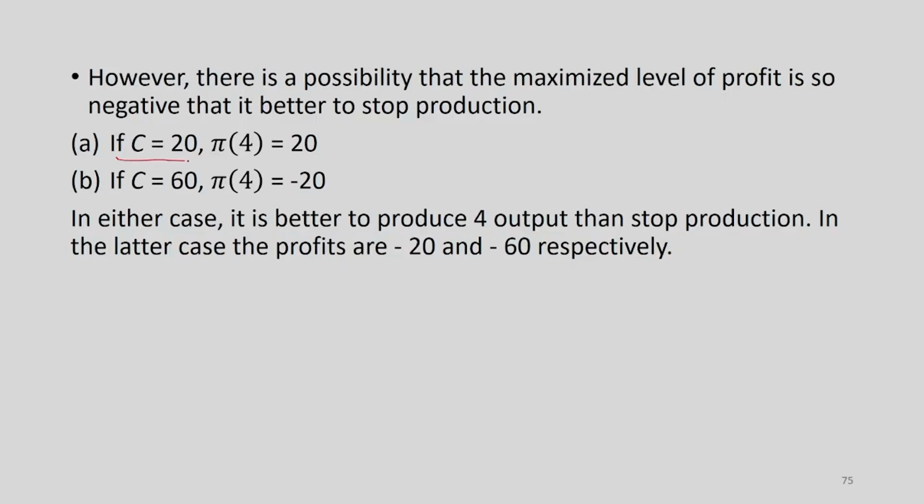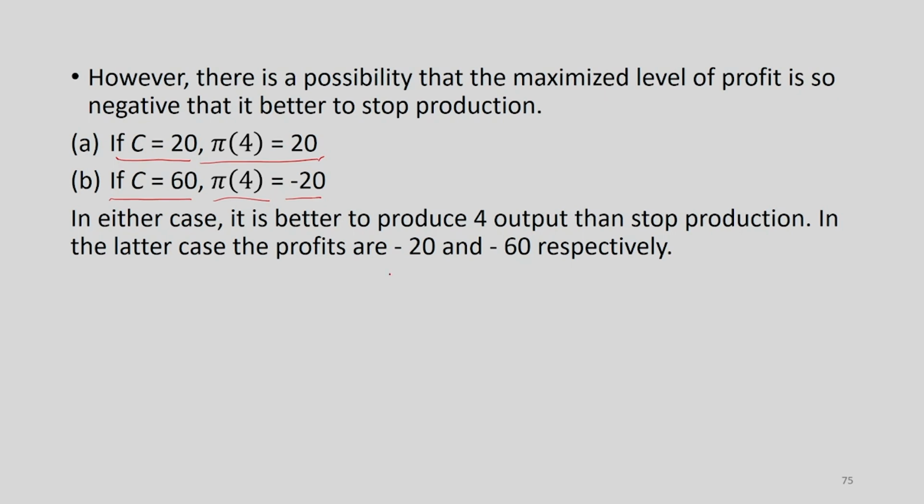If C is equal to 20, right, what is the profit? The profit is turning out to be 20. If C is equal to 60, the profit is turning out to be minus 20. Okay. And what happens if this producer does not produce?